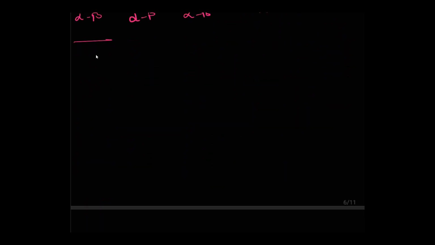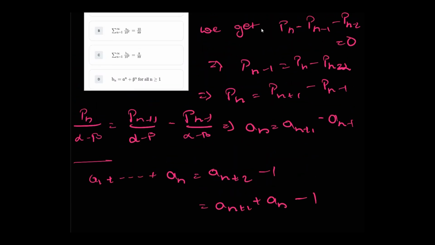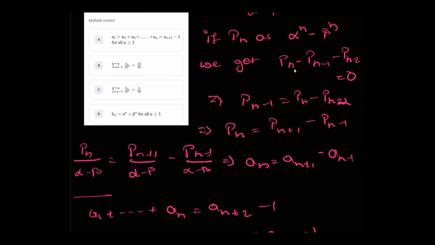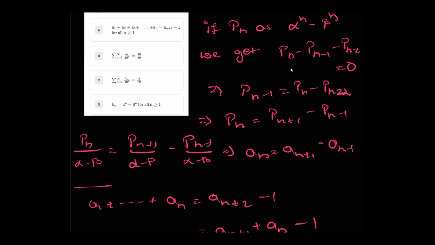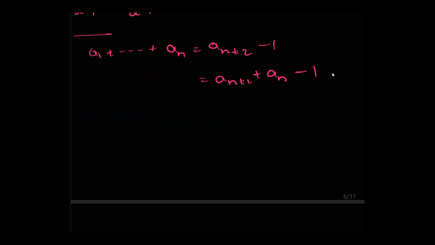Then they are saying a1 plus so on plus an equals to an plus 2 minus 1. Now here we can write an plus 2 as an plus 1 plus an from the above equation. Here Pn equals to Pn minus 1 plus Pn minus 2. We can apply this.